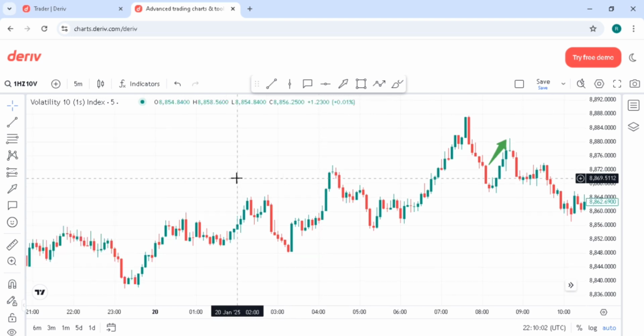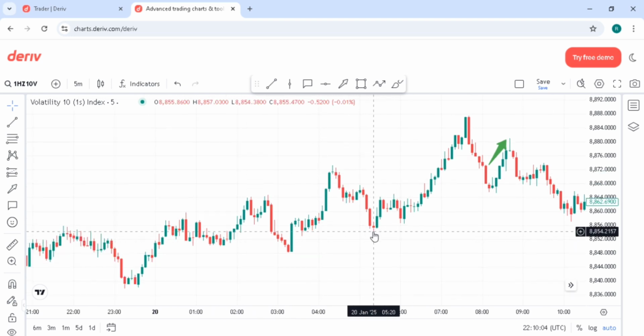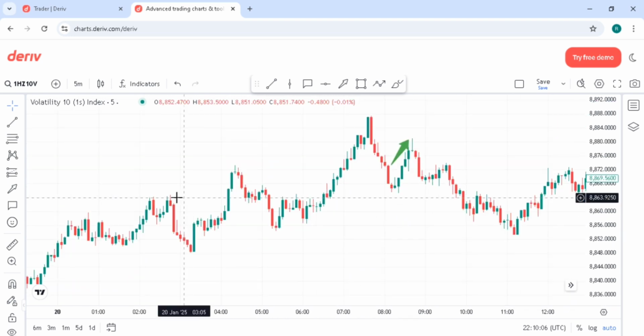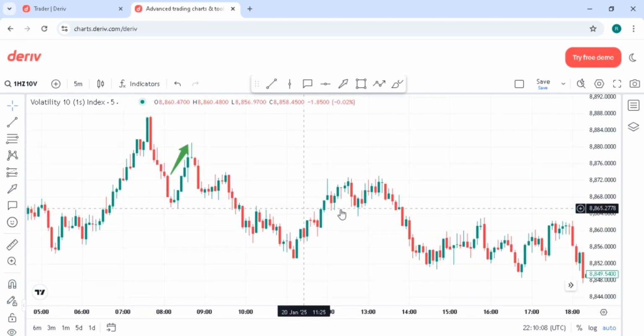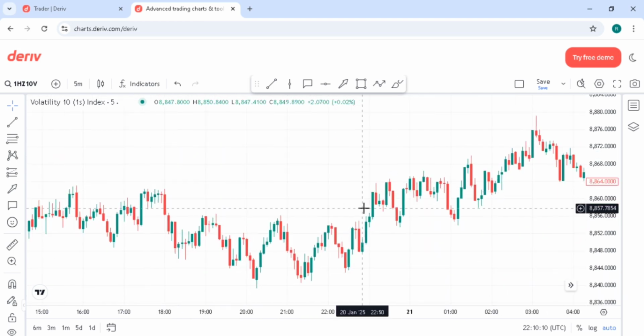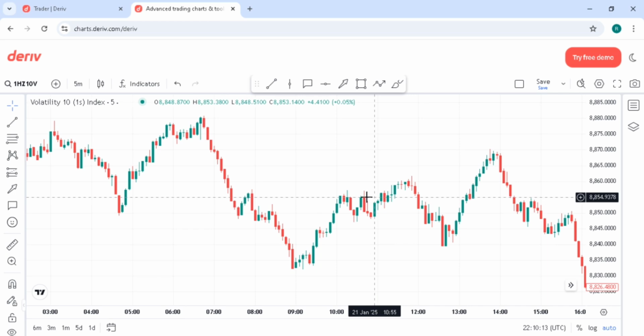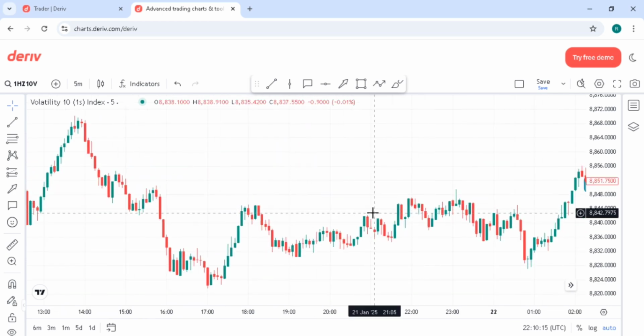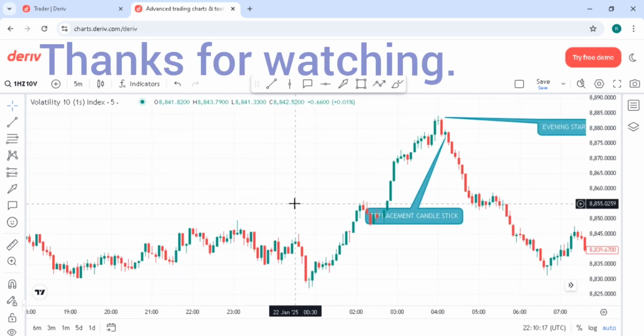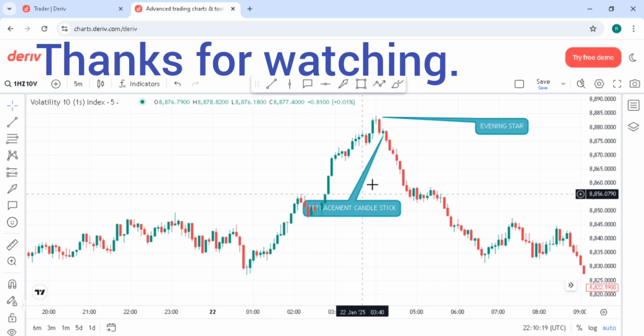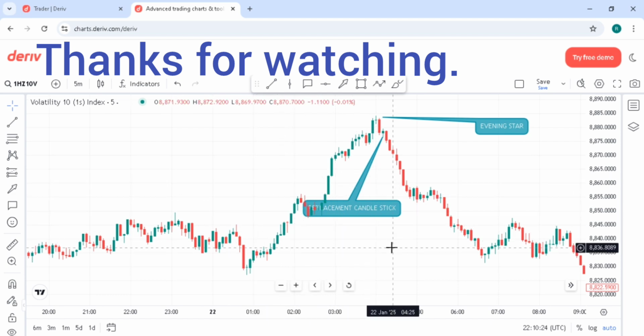Very common. These patterns are very common. So if I were you, I would practice a lot, so that you can't miss an entry if you have mastered these candle patterns.